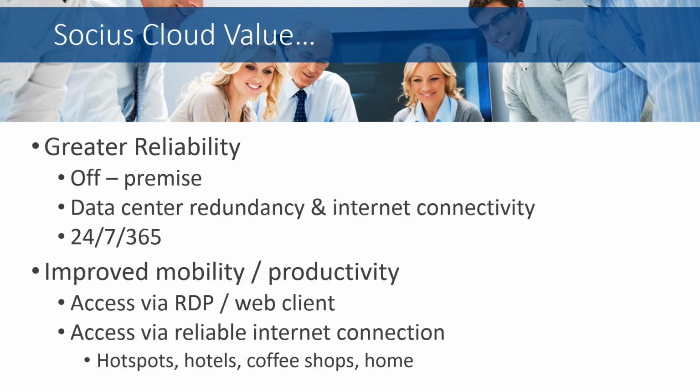What that means is that it resides in a data center, which has a more secure environment than most organizations can provide, and it provides reliability and accessibility through tiered connections from various ISPs and redundant power supplies and cooling equipment. The data center redundancy and internet connectivity is one of the values that we have in a Socius Cloud environment. It's also staffed 24/7, 365 days a year.